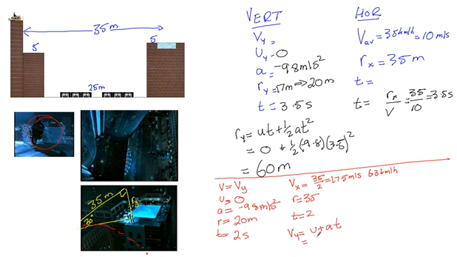Now, initial velocity is still 0, his acceleration is negative 9.8, and his time we established as 2 seconds, so it is equal to 19.6 meters per second. So in other words, he's traveling horizontally at 17.5 meters per second. He's traveling vertically at 19.6 meters per second.